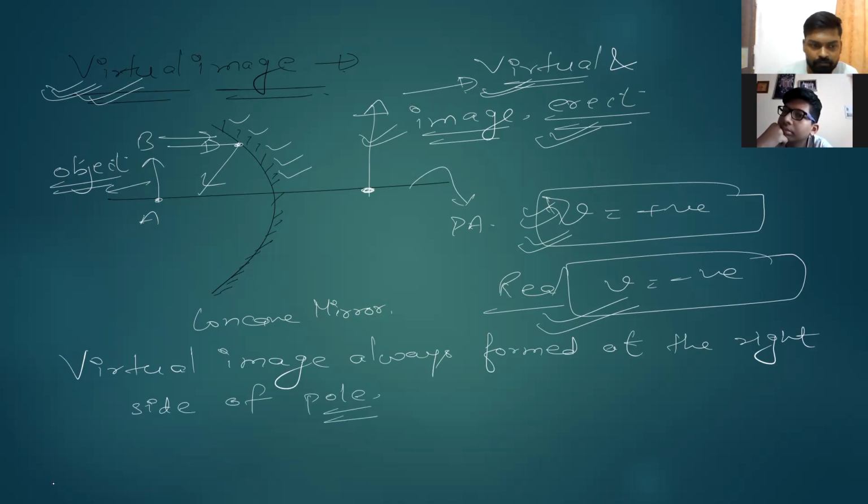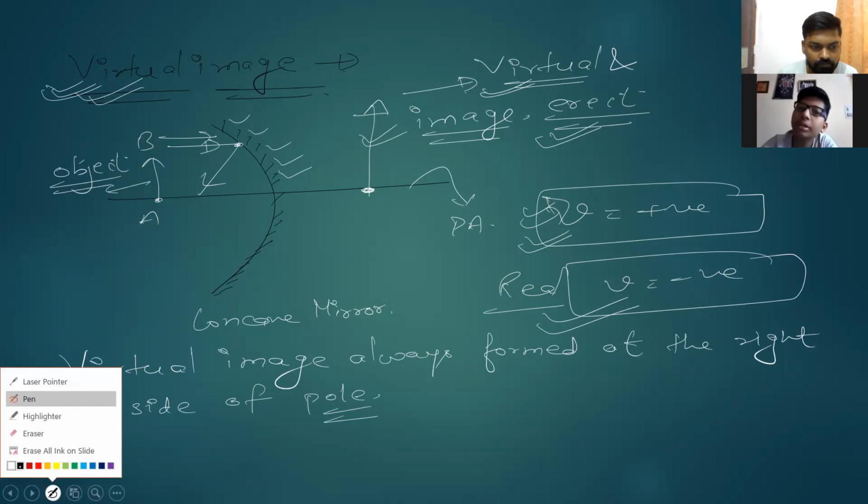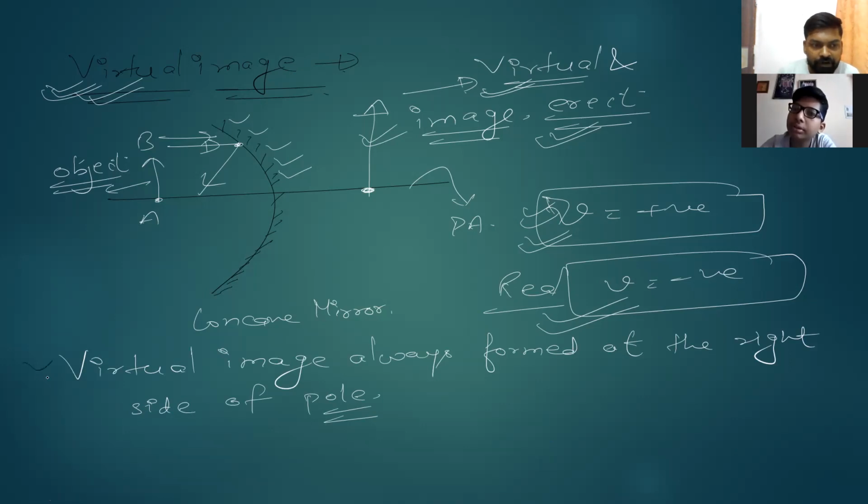Is it okay or not? And if we talk about the real image, consider that this is the first point and this is the second point. A real image always forms at the left side of the pole.